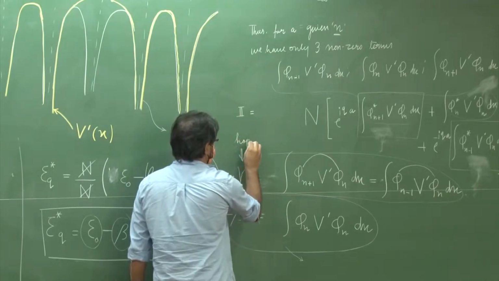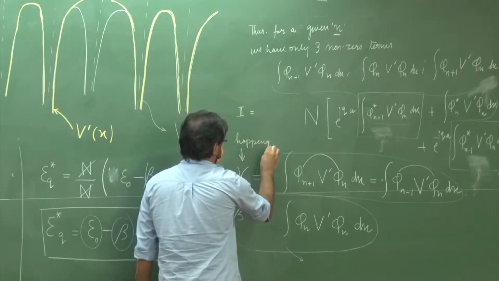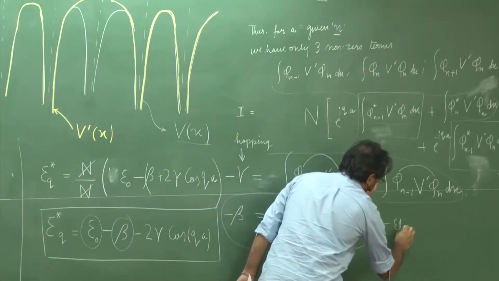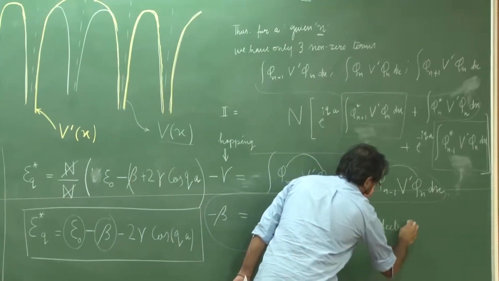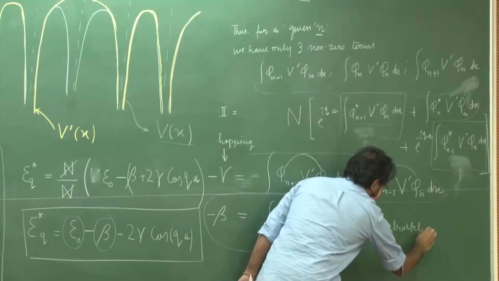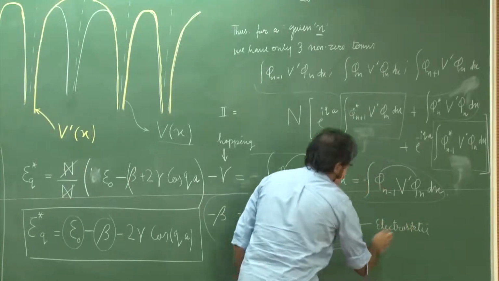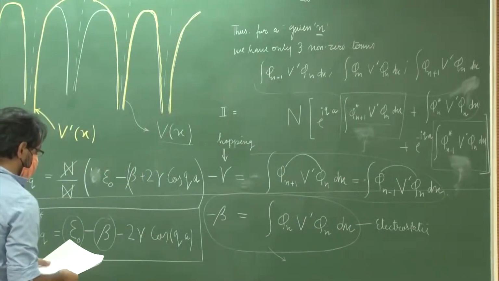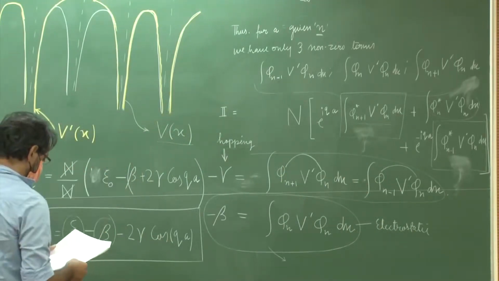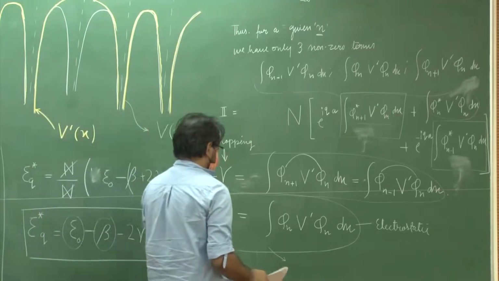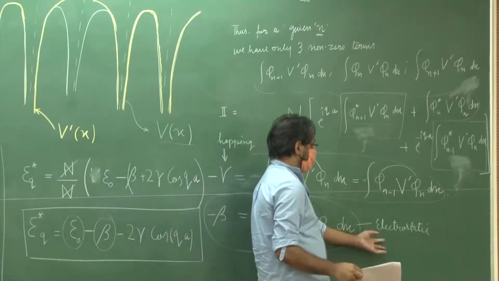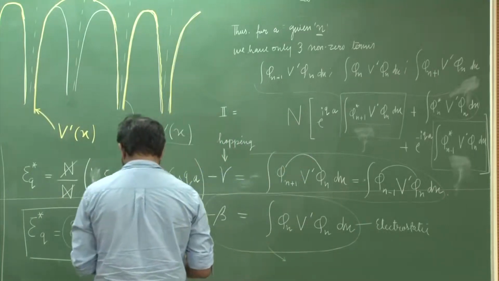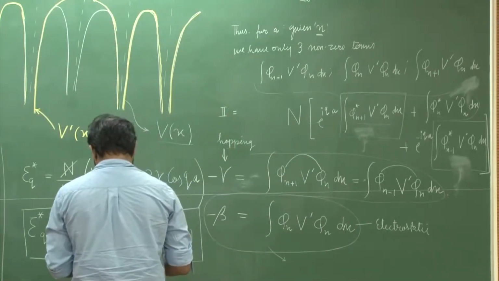And this is just the electrostatic lowering of the energy, due to the positive charge of the other n minus 1 nuclei which are around this electron. Because of that, the energy is lower. So the energy lowers because of two reasons. One is the pure electrostatic effect, and second is the effect of hopping.